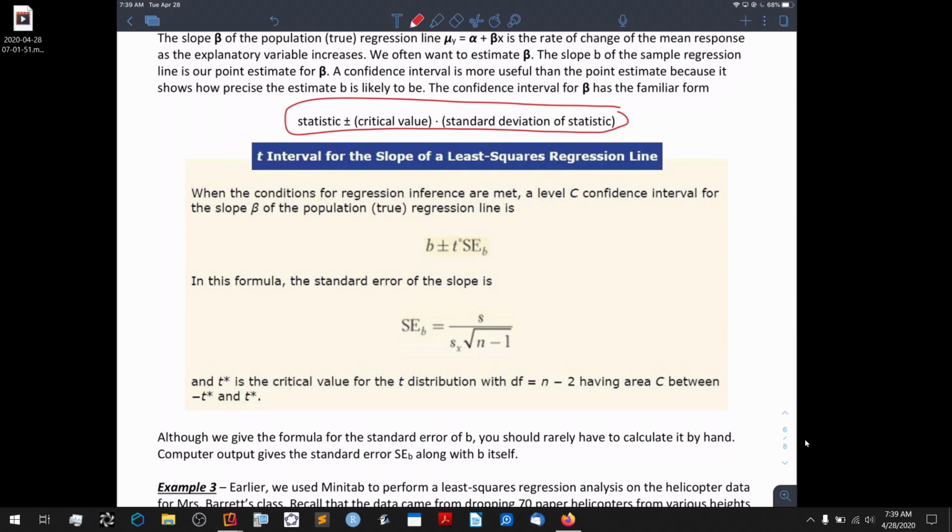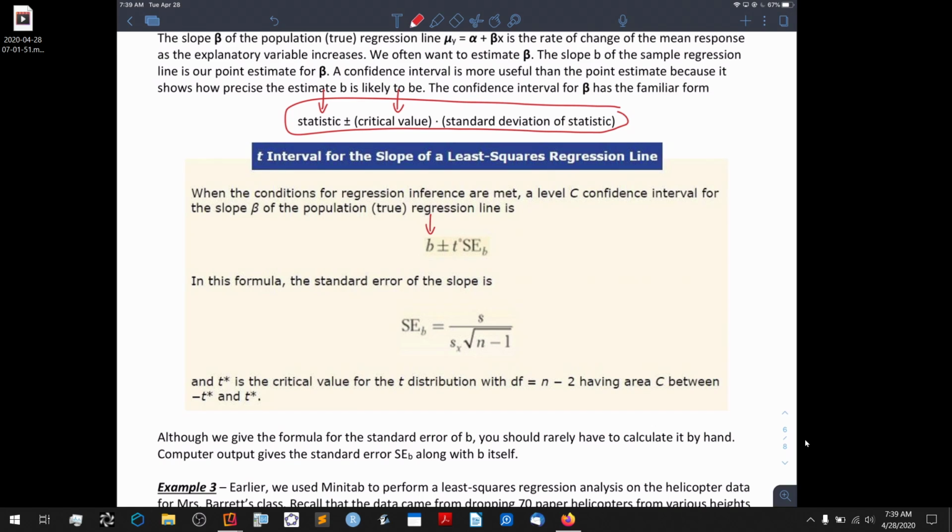But by now this should not scare you. You know what the statistic is we would use. That's b, the slope of the sample regression line. Okay, and then we use a critical value. So here, this is a T procedure. Hopefully you can remember T procedures.